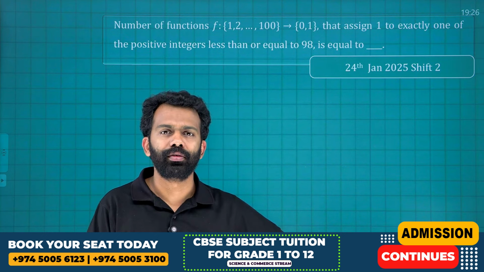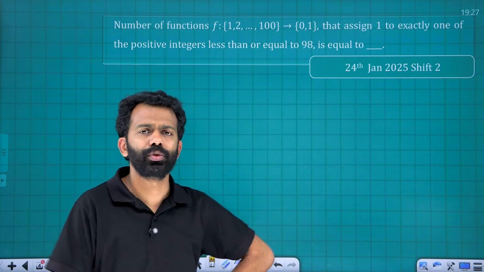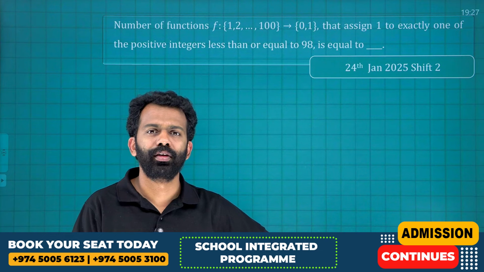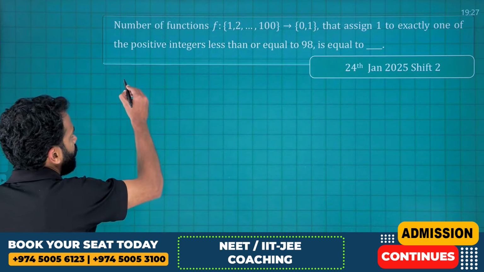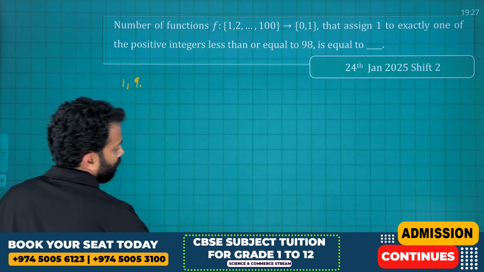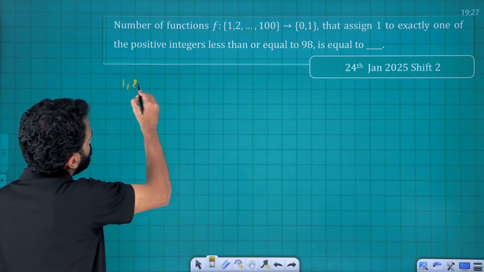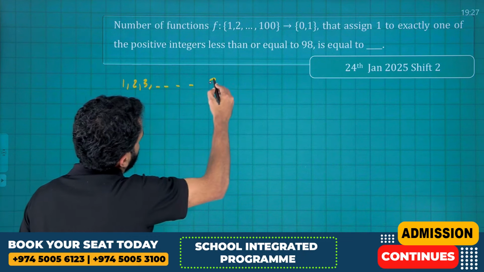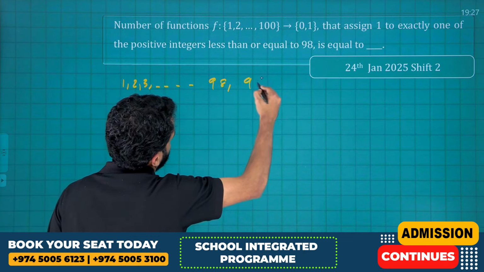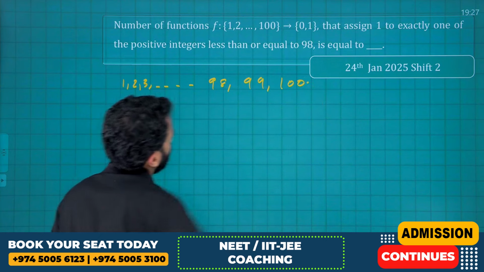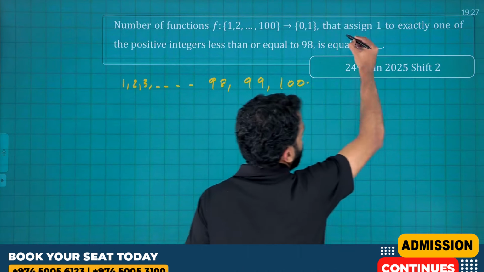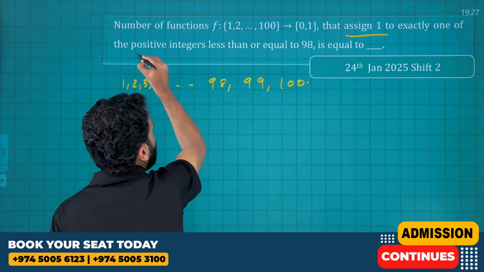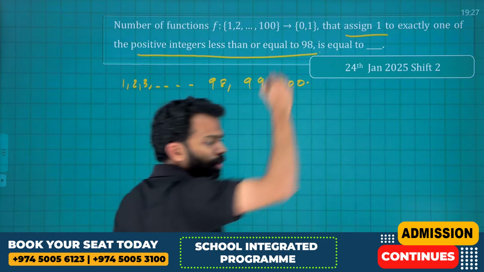How are you going to do this one? This is a very easy question, a two-step answer for this. So let's try and figure it out. I am going to mark the numbers here, that is 1, 2, 3, etc., 98, 99, 100. Okay. So according to the question, we can assign 1 to exactly one of the positive integers less than or equal to 98, right?